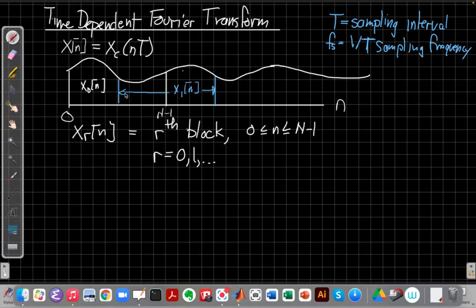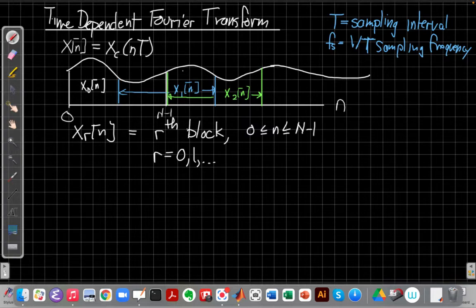This blue region that goes from this blue line to this one is x1 of n, and that would be the next block I would take and compute the Fourier transform of. Let me draw one more, and block 3 would be x sub 2 of n. This green version indicates the region that would be x2 of n, that again half overlaps with the previous block x1 of n.